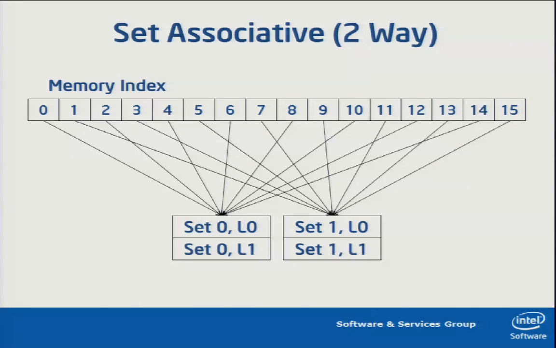Now, this set associative cache implements the 2 strategies at the same time. So we have the set approach. Only a number of addresses can be stored in the first set. Exactly, in this case, of a 2-way set associative cache, we can only store the even numbers in the set 0 and the odd numbers in the set 1.